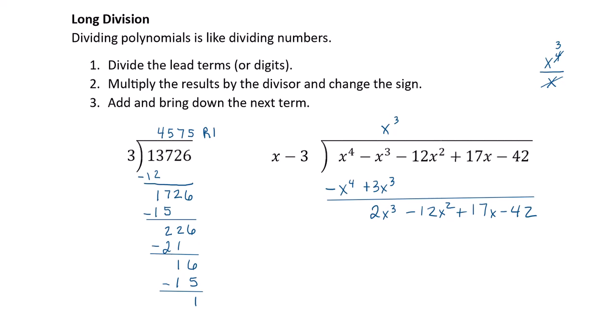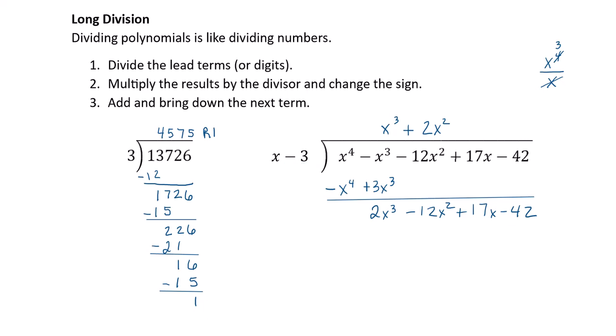That's one full cycle, and we'll repeat this process. 2x cubed divided by x is 2x squared. Make sure and separate it from the other term with a plus sign. 2x squared. And remember, when we multiply down, we're multiplying the entire x minus 3.